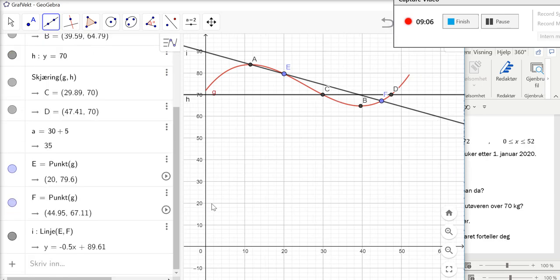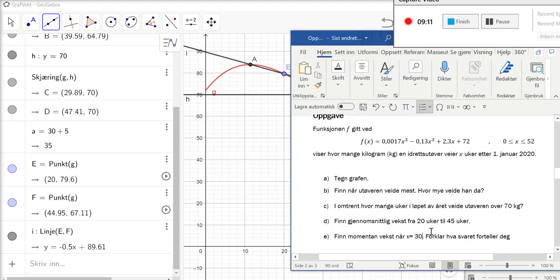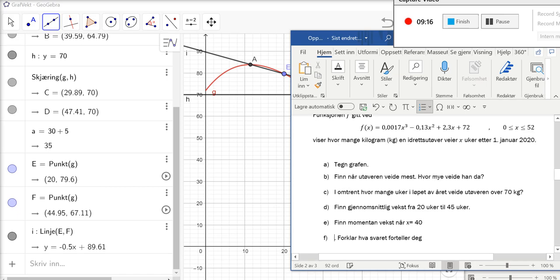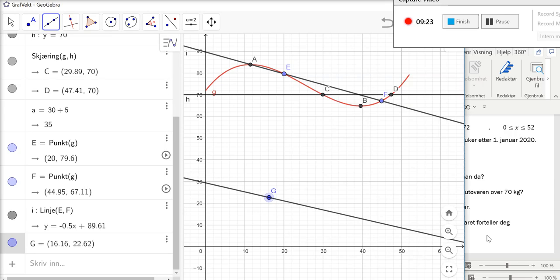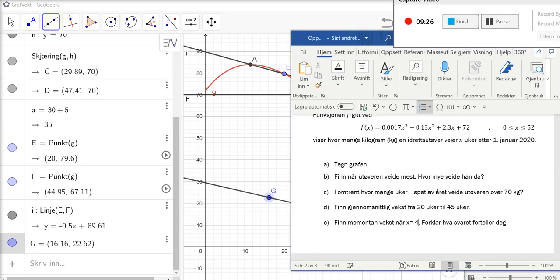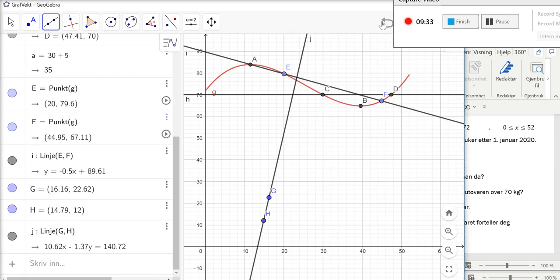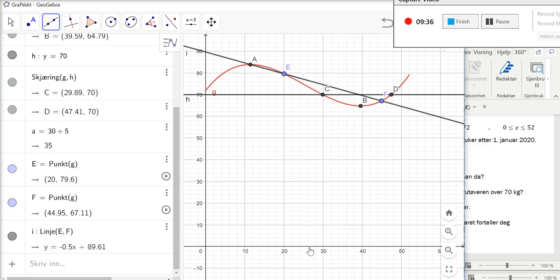Let's take 30 weeks, find the momentary rate of change after 30 weeks, or let's take 40 weeks, and explain what this tells us. Sorry, no, let's not take 40 either, let's take 25. Okay, 25. Now after 25 weeks, we want to find the rate of change here.